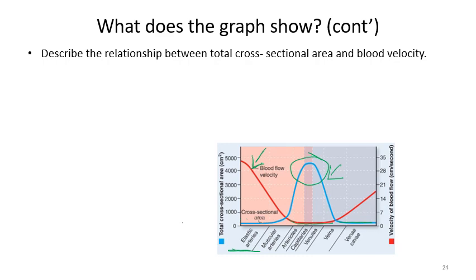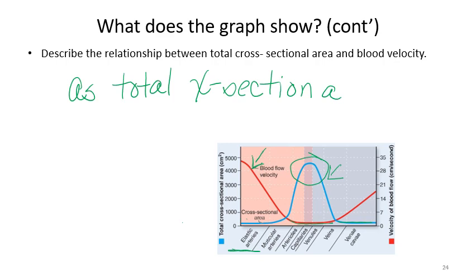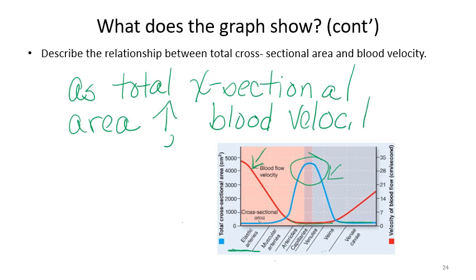So I would say as total cross-sectional area increases, blood velocity decreases. So what's going on here?